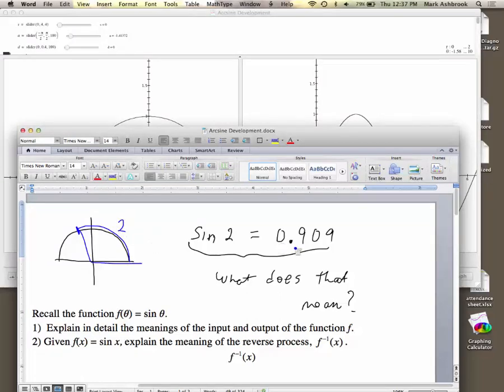And so then the 0.909 is? Marquise. Okay. Vertical distance above the midline of the horizontal diameter. And so looking at this point, why does 0.909 make sense?